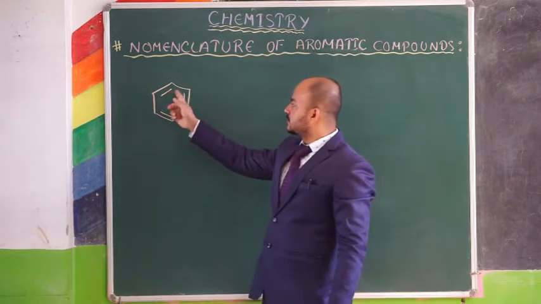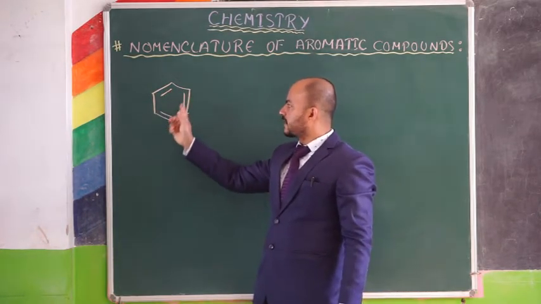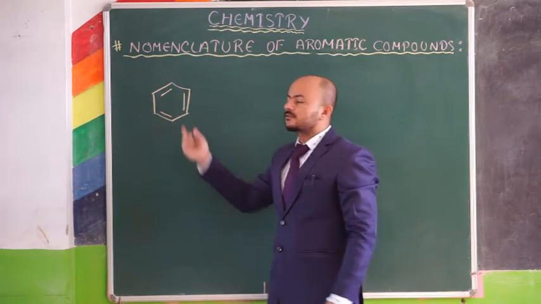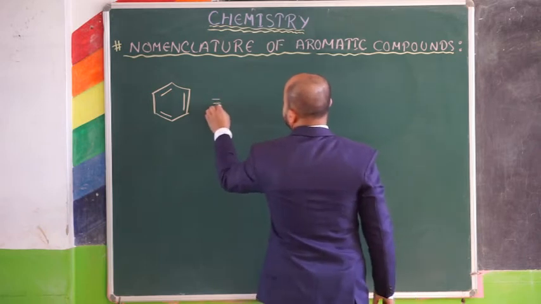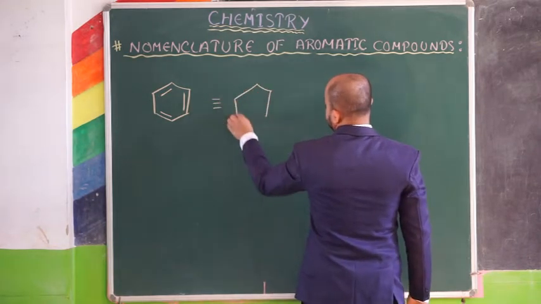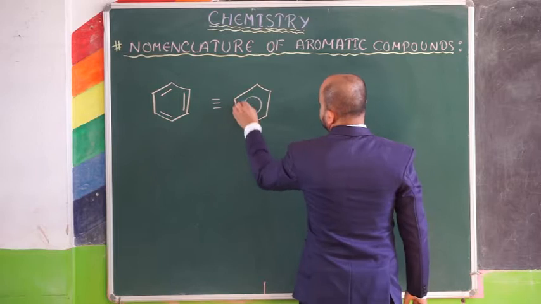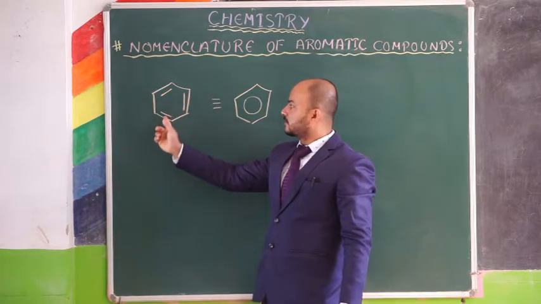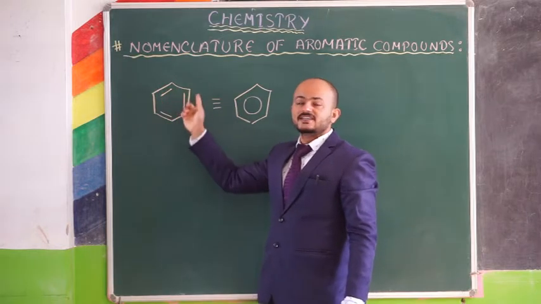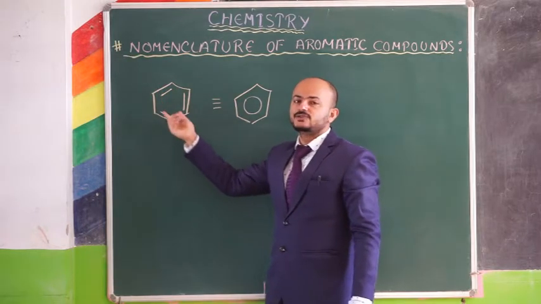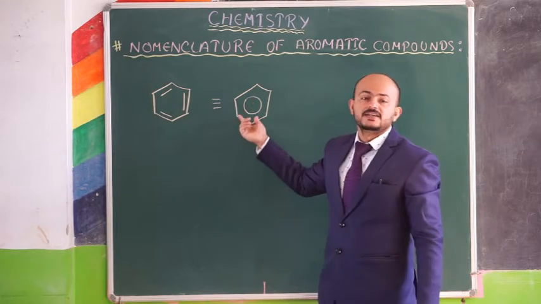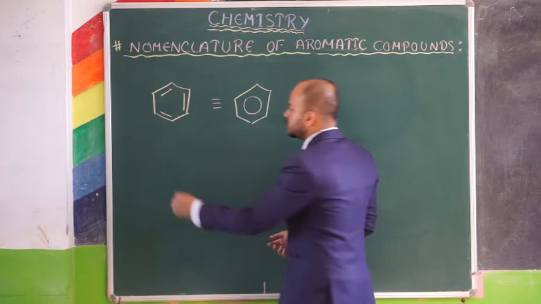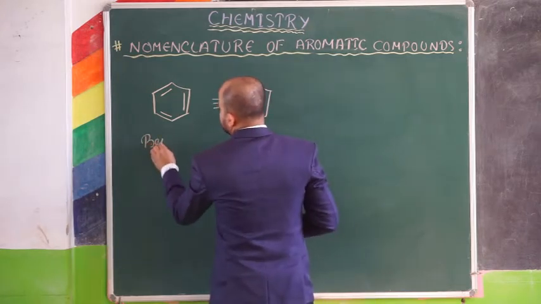Since these 3 pi bonds keep on resonating within the ring, it can also be written with a circle sign inside the benzene ring, denoting the resonance of these 3 double bonds. So the name of this compound is benzene.